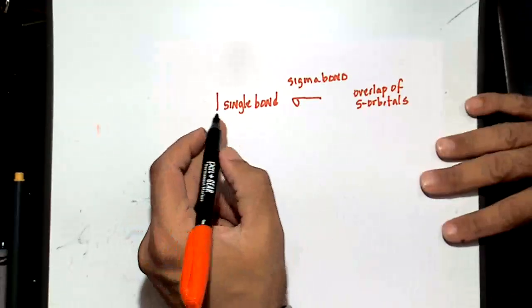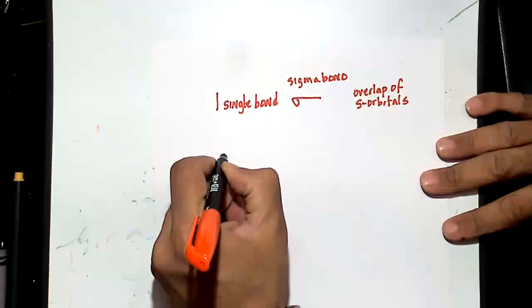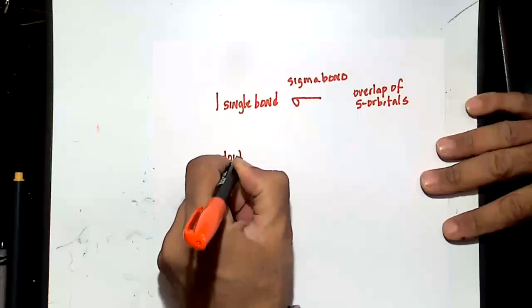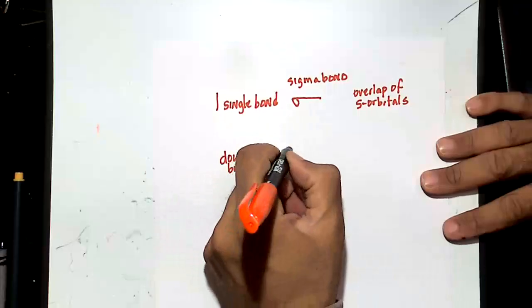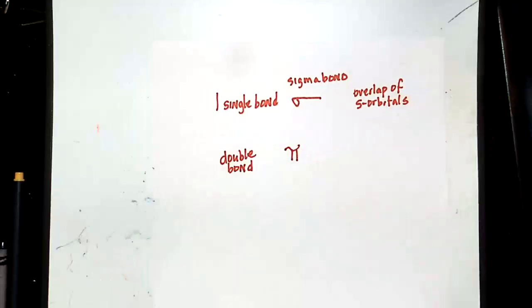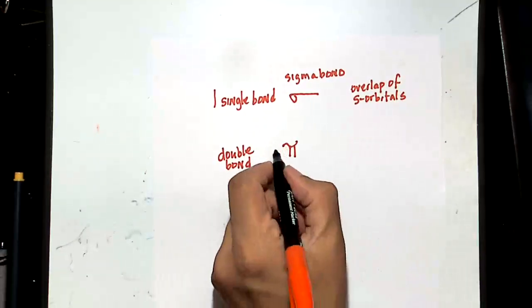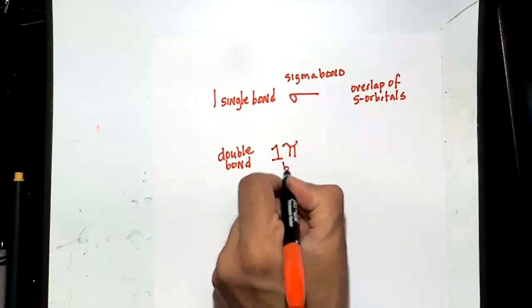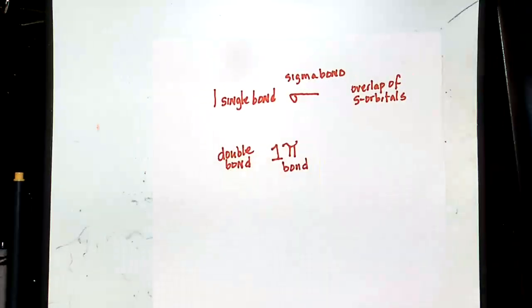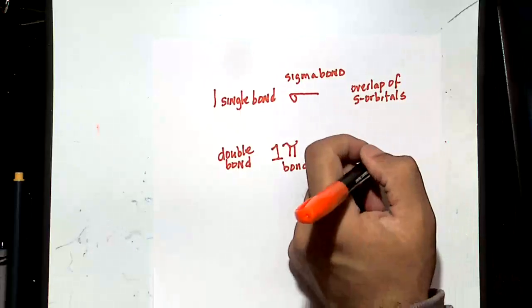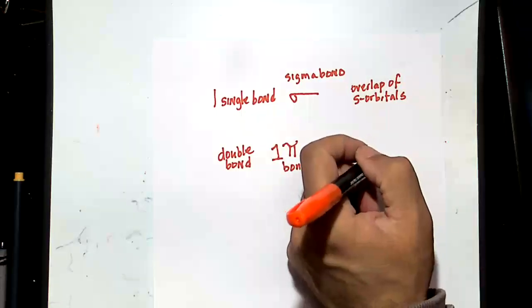We also have something called a pi bond. So if you see a double bond, okay, this is called a pi bond. Okay, and it's actually one pi bond. Okay, and this is an overlap of p orbitals.